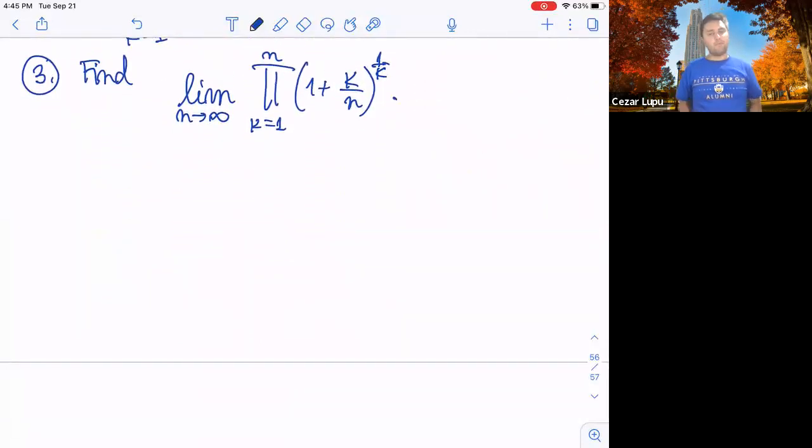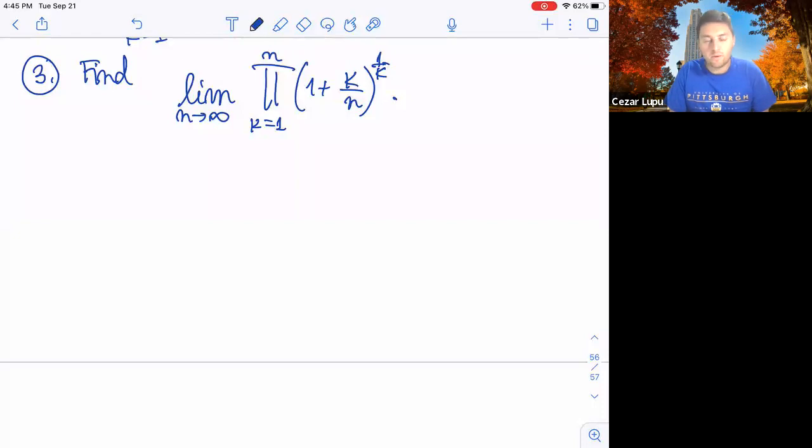If you look at it, and we have seen in previous lectures, this kind of rings a bell in the sense that maybe we can use Riemann sums. And yes, we can do that. We have a product, so we can take the log and consider the sequence of the natural log of this.